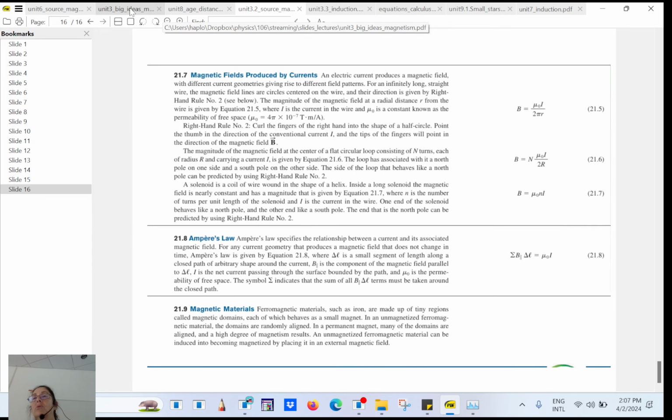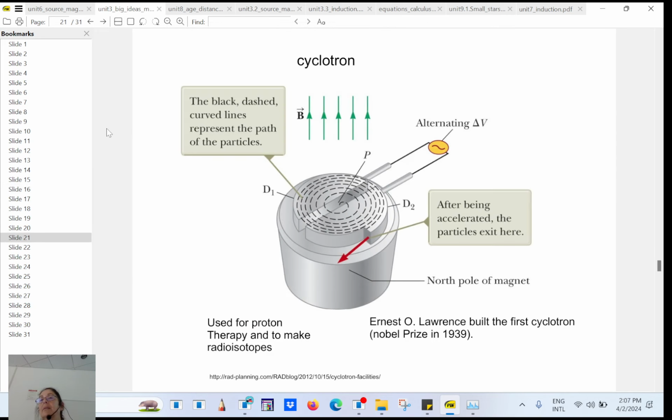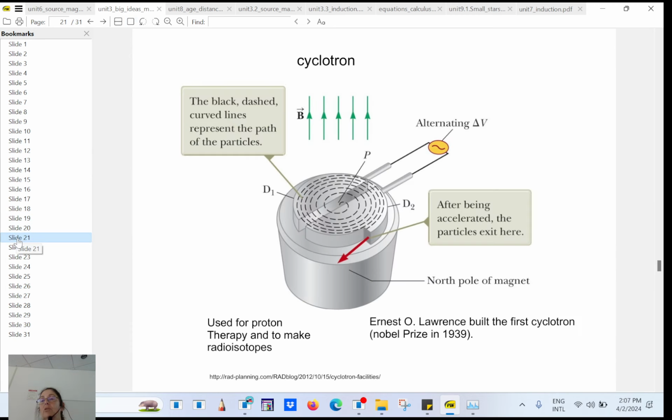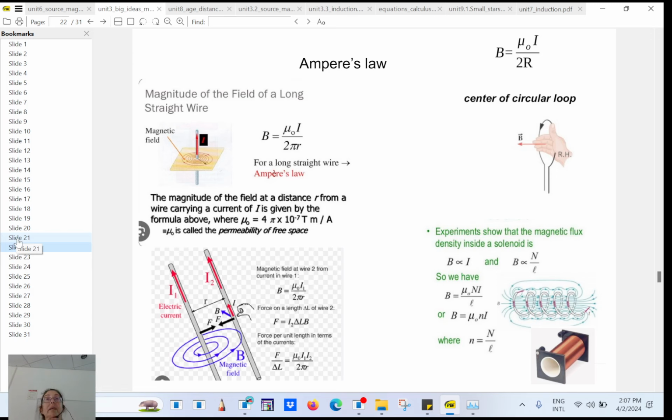I also recommend having these slides, Big Ideas, open when you do the test, because I tried to summarize everything. Okay, so Ampere's law, these are the equations we have used here. And you see here, when you have two wires parallel to each other, if the current is going in the same direction, they're going to attract each other.